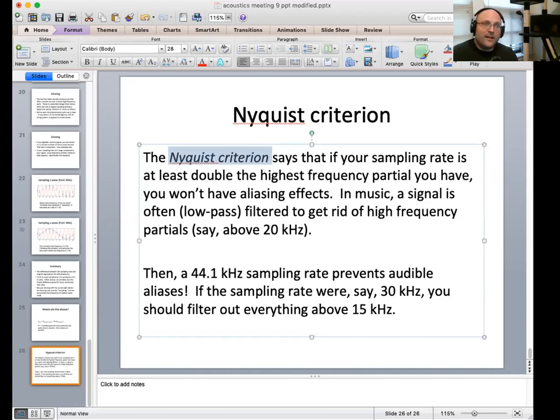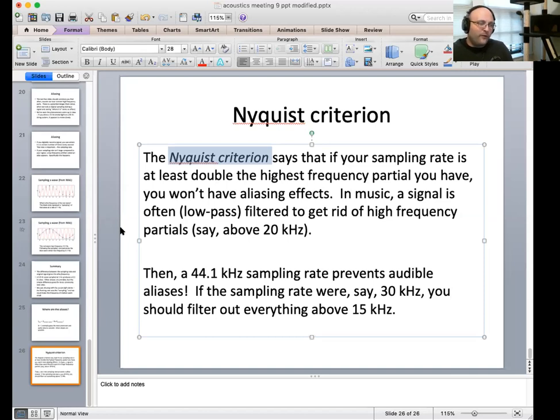Now, many of us in class, me included, have trouble hearing 20 kilohertz. It's about, I don't know, a half or a third of my students when I test them, all right? But if you let 20 kilohertz through and your sample rate is only 30, then the alias would be 10, and almost everyone in the room, including me, can pretty easily hear that.